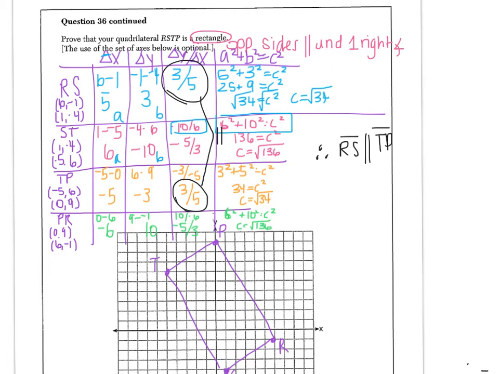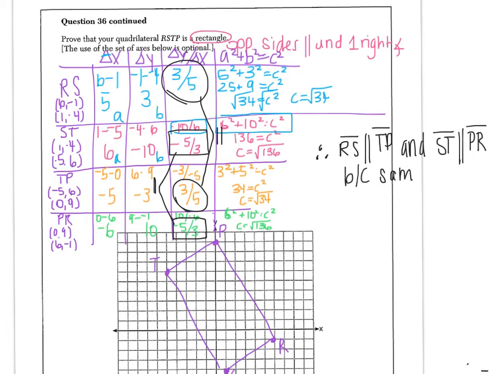I also notice that I have another pair of same slopes. So these two lines, ST and PR, are also parallel. So I'm going to say and ST is parallel to PR because same slope.